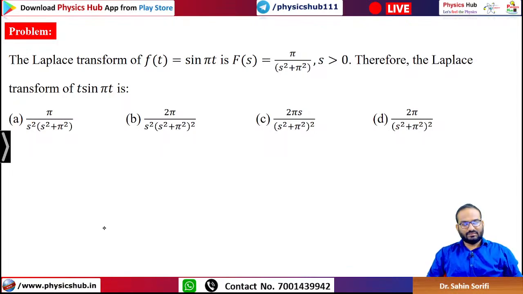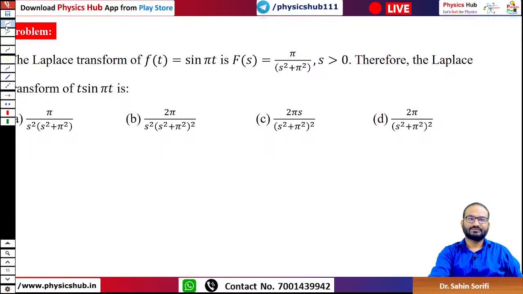Laplace transform of x to the power n f of x is minus 1 to the power n nth derivative of f bar s, na? Are you not using this formula?